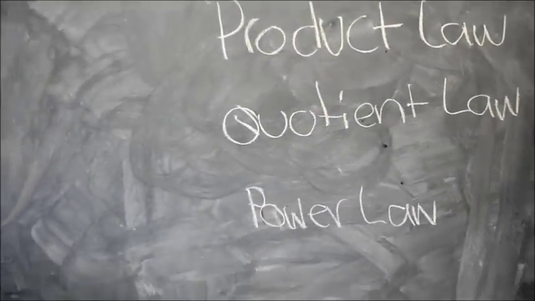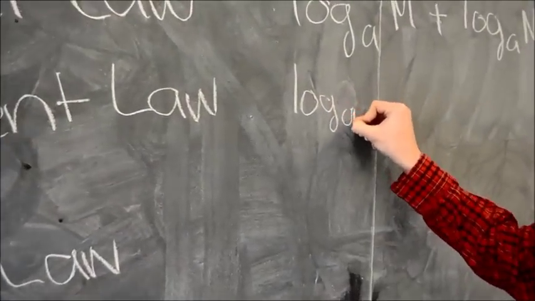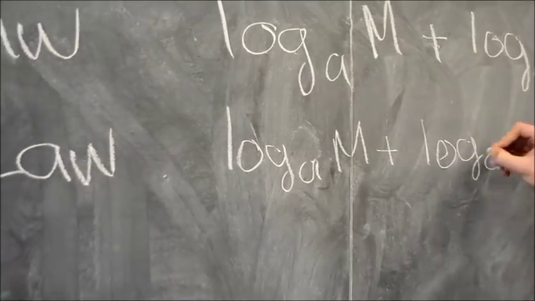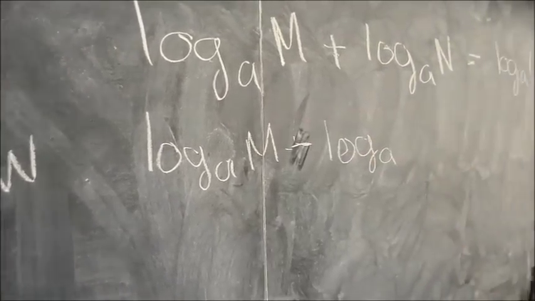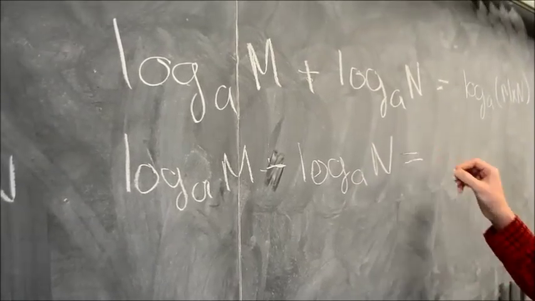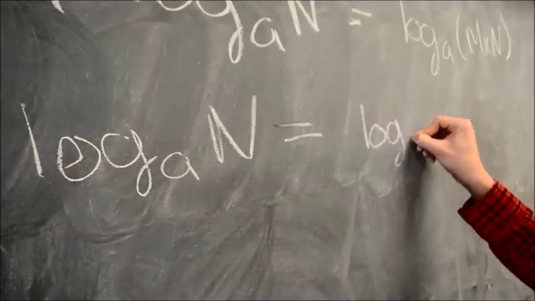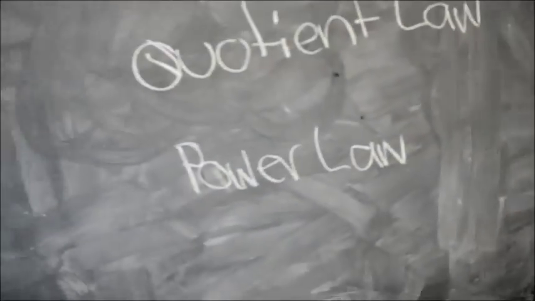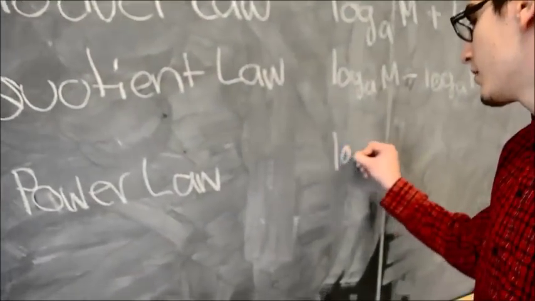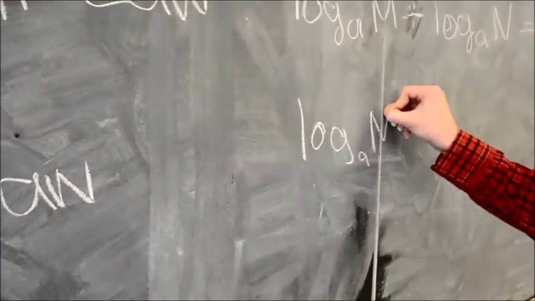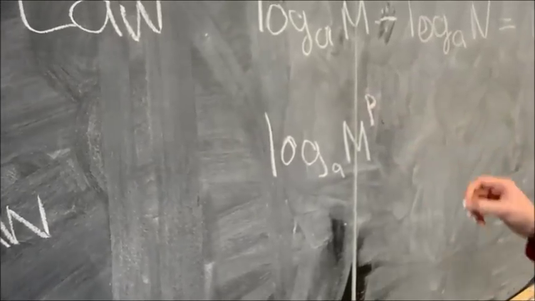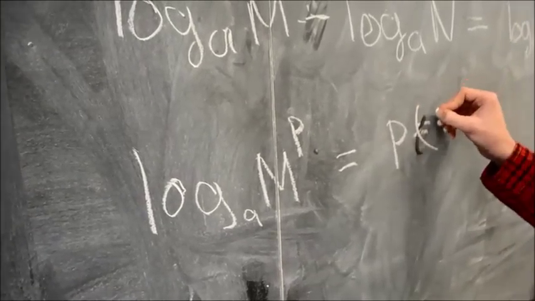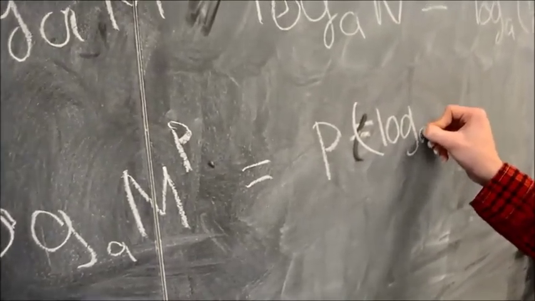Quotient law would be log base a m minus log base a n, and it's equal to log base a of m over n. And now the last one, power law, would be log base a of m to the power of p, and that would equal p times log base a m.